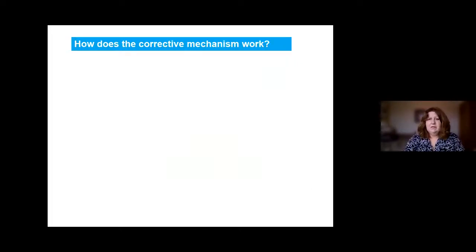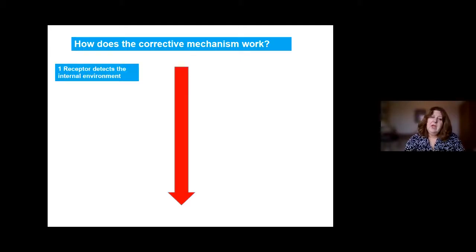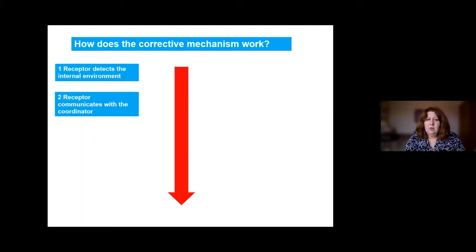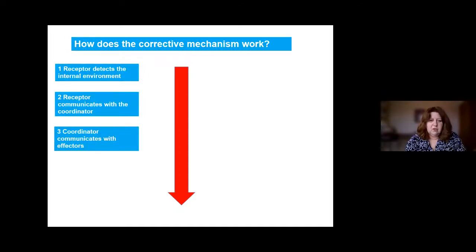So how does this corrective mechanism work then? What we need are receptors, which are going to detect the internal environment to monitor any changes there. If there is a change, the receptor will need to communicate with the coordinator. We're used to seeing the coordinator as the brain or spinal cord.